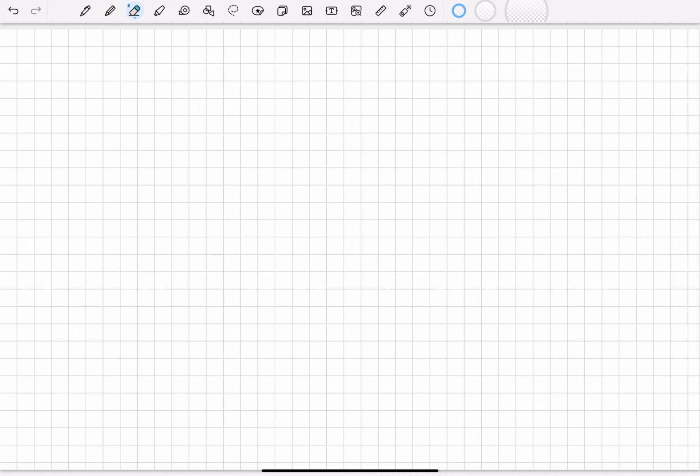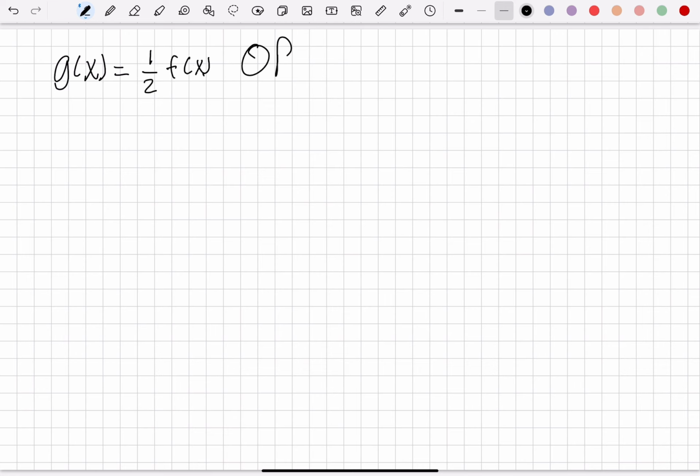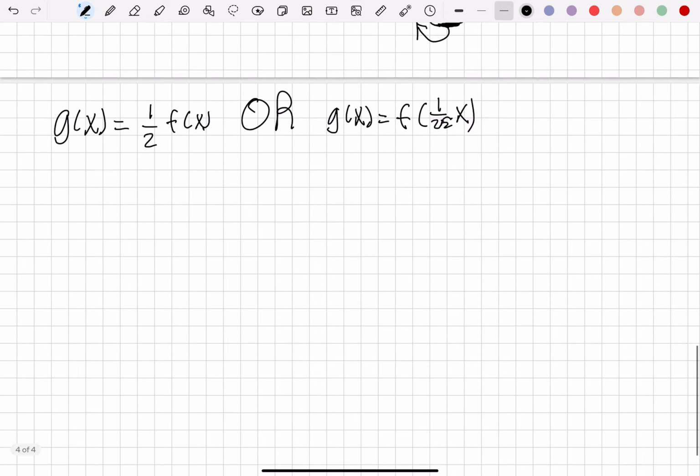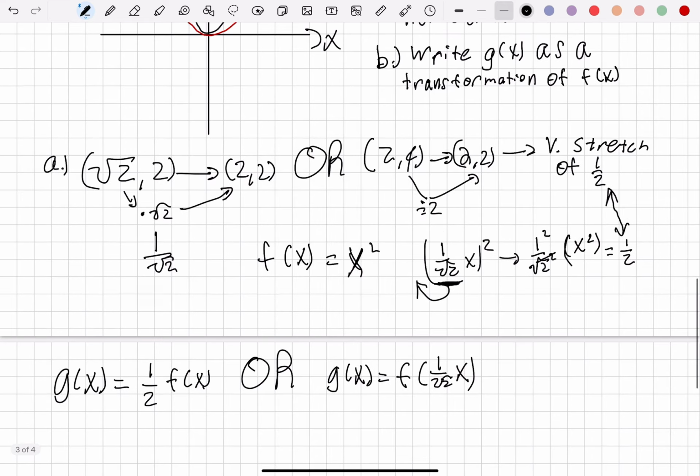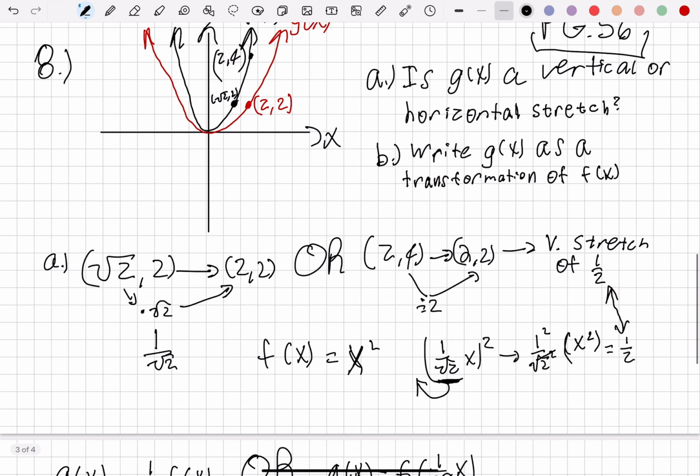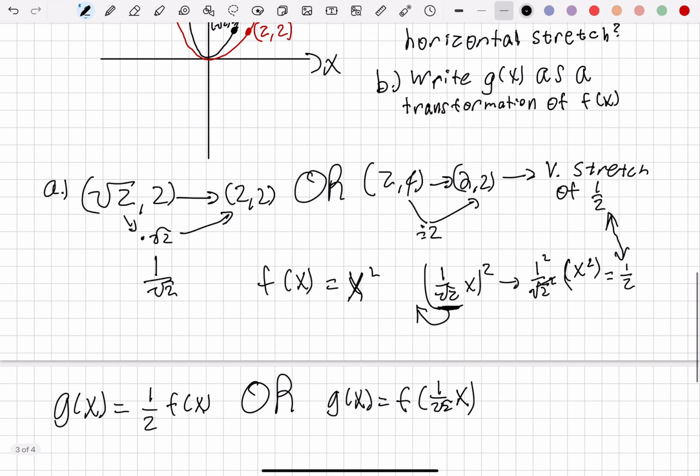So now if we were to write g of x in terms of f of x, we can either say g of x equals 1/2 f of x, or we can say g of x equals f of 1 over root 2 times x. In other words, it can be both a horizontal or a vertical stretch, depending on how you look at it. However, it's important to understand what value you're putting in and where.